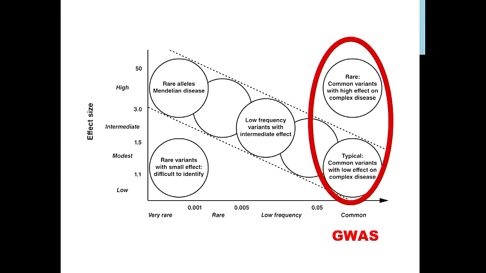Very rare variants that have a drastic effect result in what we would normally consider Mendelian diseases. I'm sure in your nutrition studies you have covered many of those. We actually just talked about one this morning for those in class, PKU. And I hope it's also obvious that rare variants with small effect are very, very difficult to identify.